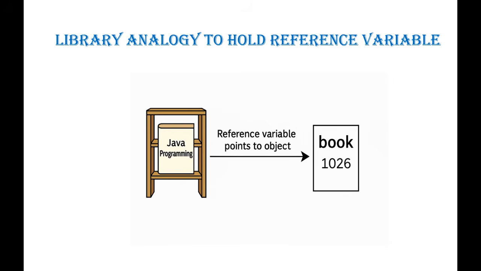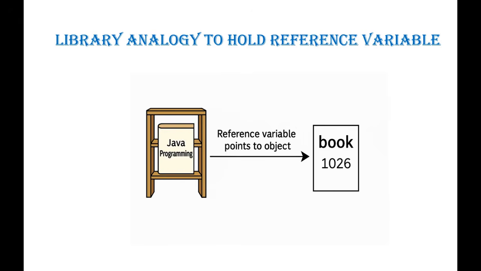So the librarian keeps a library card in which they note the place where the book is kept. Say in your library Java Programming is stored in bookshelf rack number 5.